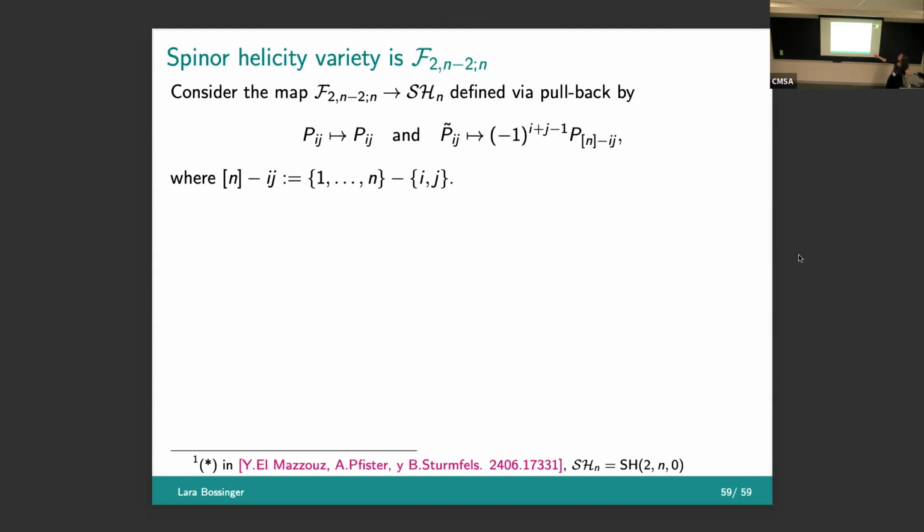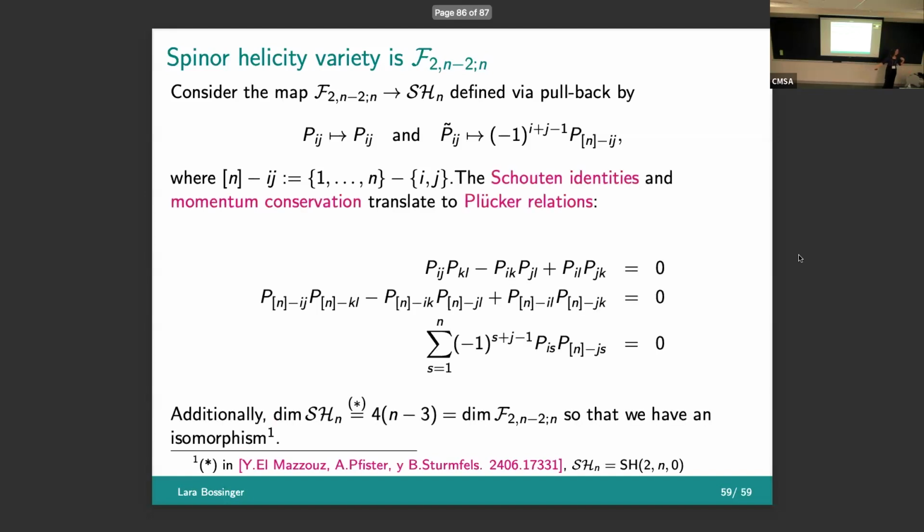So this n minus ij is taking 1 to n, and the complement of i and j. If I do that, the Plücker relations I had before translate directly to Plücker relations, and momentum conservation translates into mixed Plücker relations between the two sets of minors. And this gives me an isomorphism between these spaces.